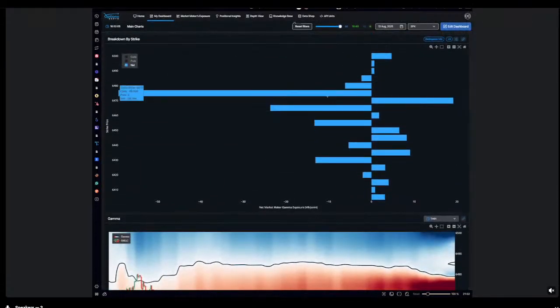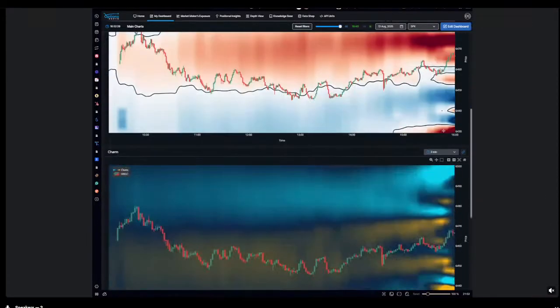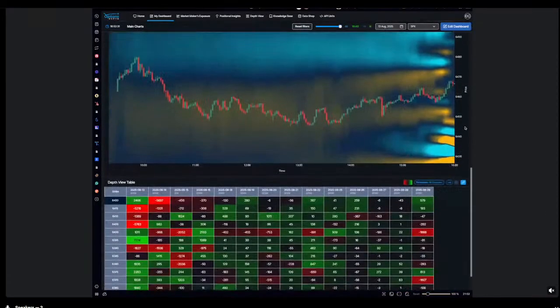But we also had some positioning changes right at the end of the day. There were loads of 6,430, 6,425 and 6,420, I think, puts that were open on this positioning that were closed towards the end of the day, which altered the profile. So there's quite a bit going on towards the end of today.